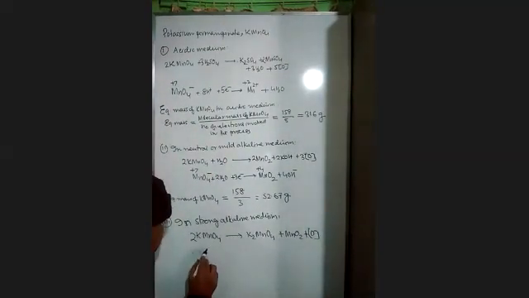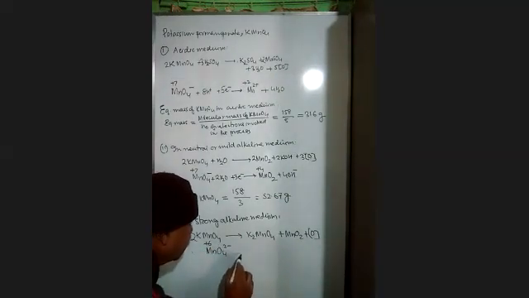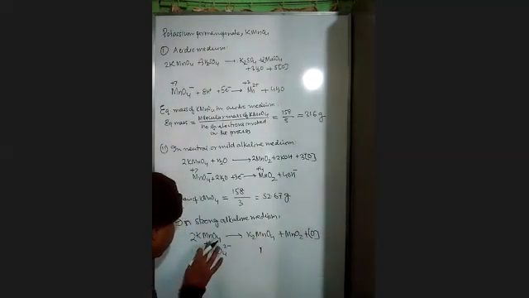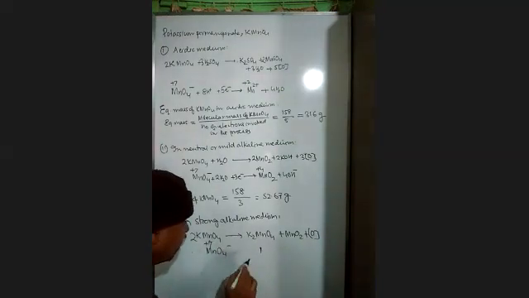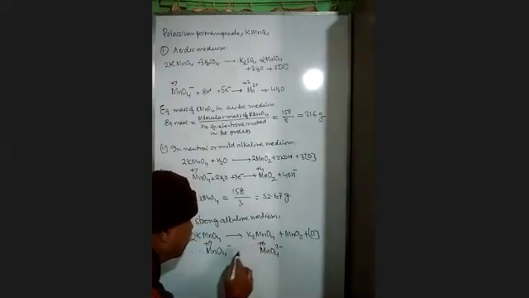So here I'll write now ion electron method. MnO4 minus, sorry dear, plus 7. And it gives you what? MnO4 2 minus. This is plus 6.